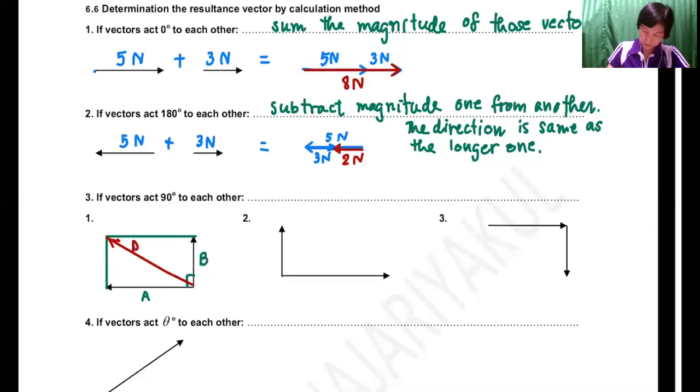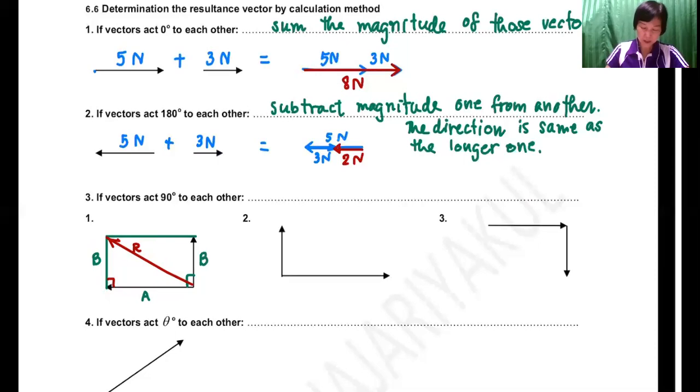And how much is it? Actually, if you consider this right triangle, because they are parallel to each other, this side's length must be the same as B, so I can write its magnitude as b. So now we have a right triangle.